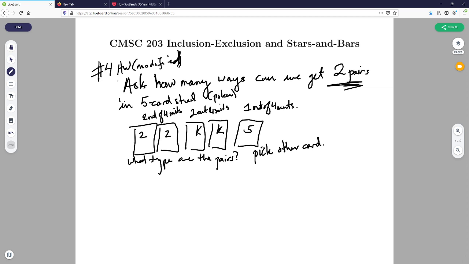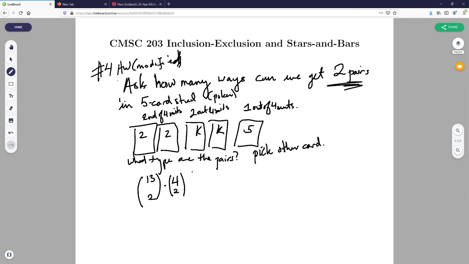So we need to pick 2 different types of cards that are both going to give us pairs. So the way to pick, out of 13 types of cards, we'll pick 2 of them. And then we have to pick 2 out of the 4 suits.